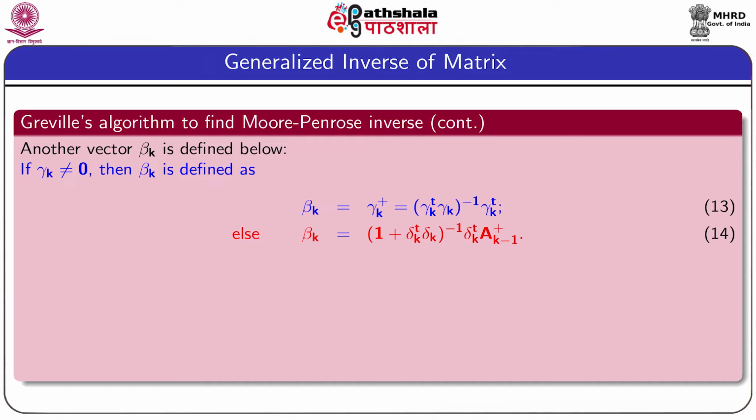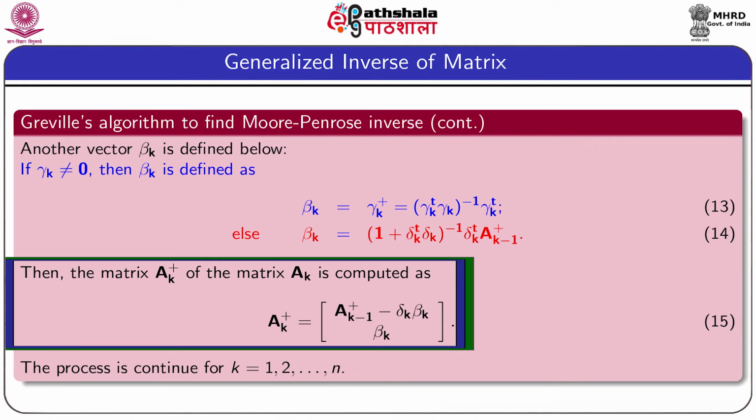Now, another vector beta k is defined as follows: if gamma k is not equal to 0, then beta k is equal to gamma k plus, the Moore-Penrose inverse of gamma k, which is equal to the conventional inverse of gamma k transpose into gamma k, whole into gamma k transpose. Otherwise, beta k equal to 1 plus delta k transpose into delta k, whole inverse, into delta k transpose into the Moore-Penrose inverse of the matrix A k minus 1.